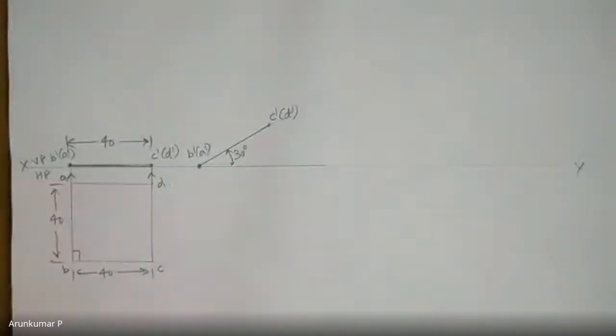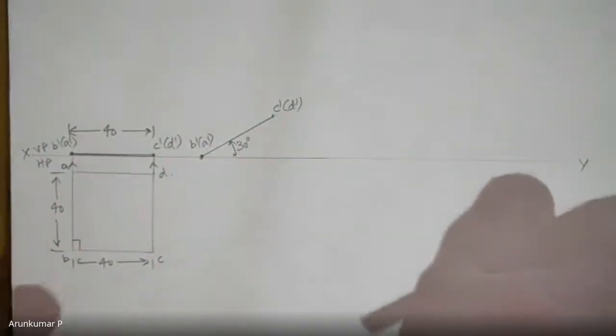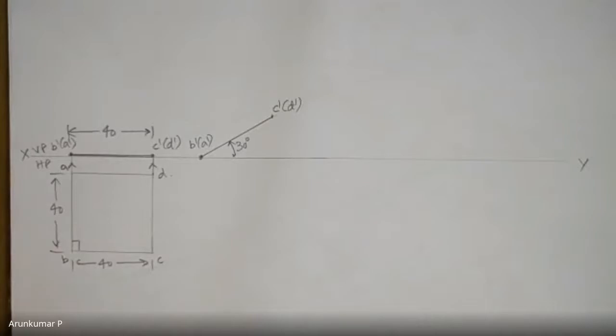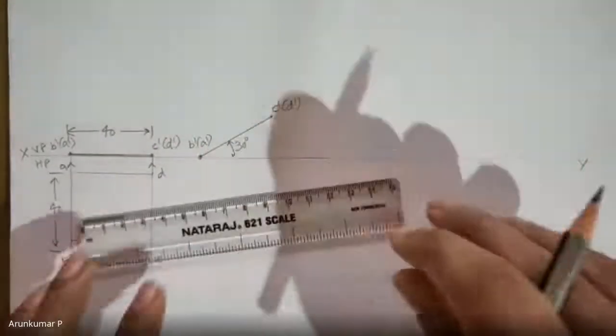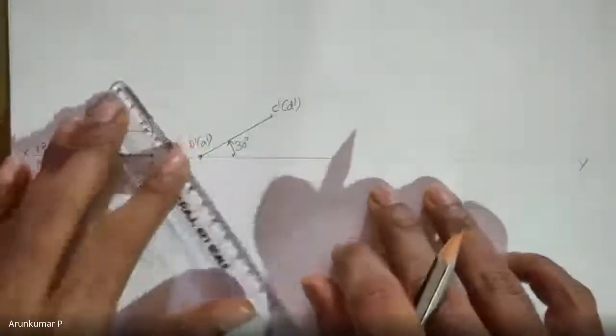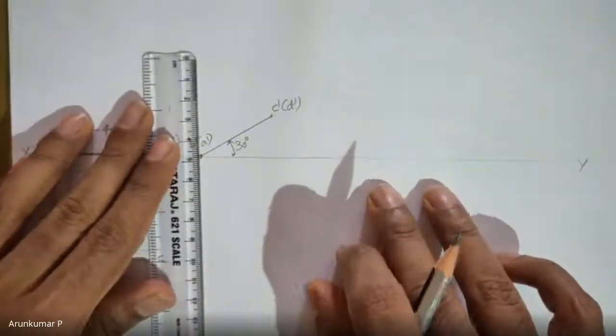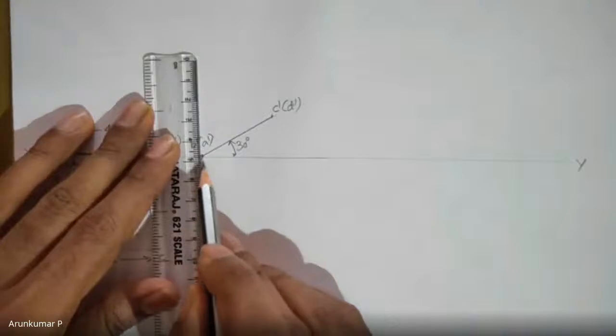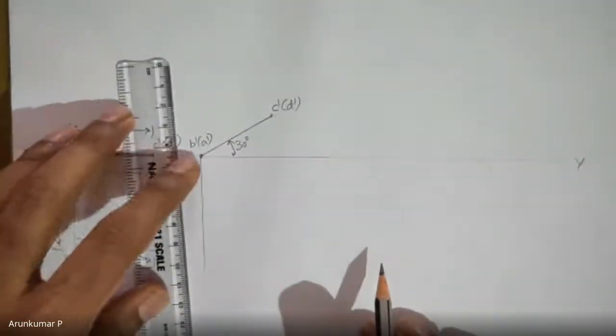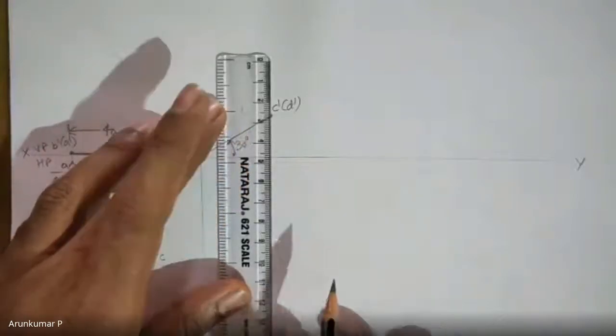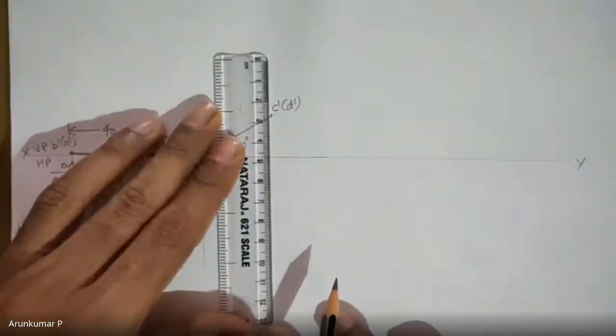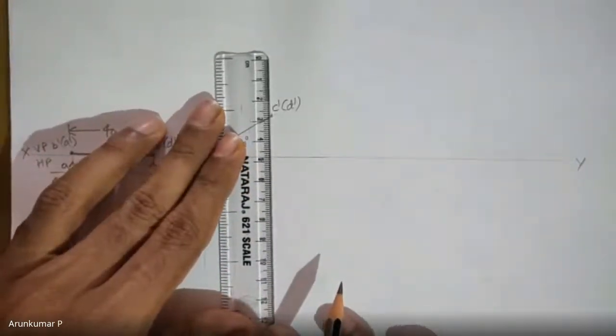Now we have to get the second step top view by projecting, simple projection. So what you do is, follow a two-step process. First is, you project the front view onto the horizontal plane. So parallel projection lines. How many? One for B dash and A dash, and one for C dash and D dash. This is a common projection line for both the points.